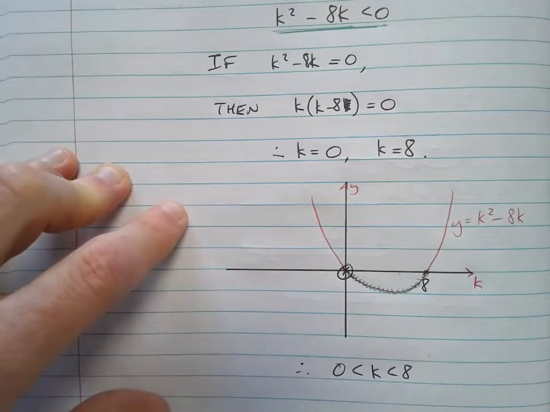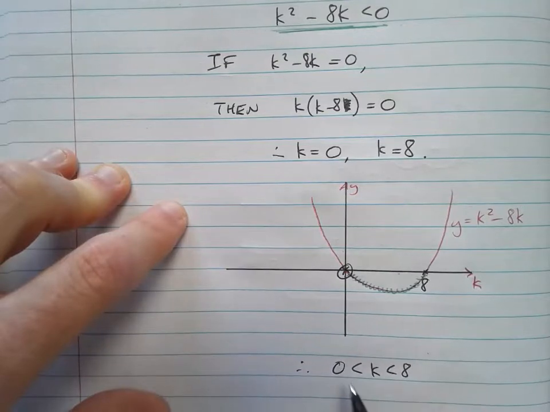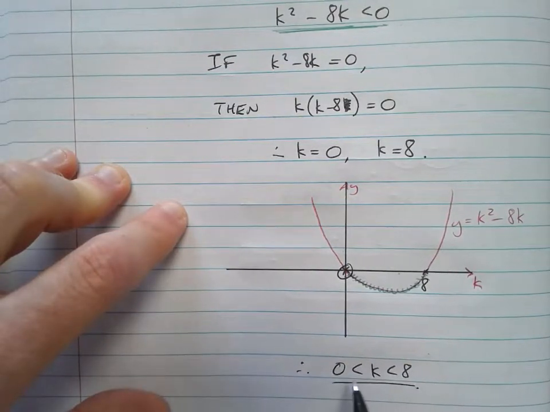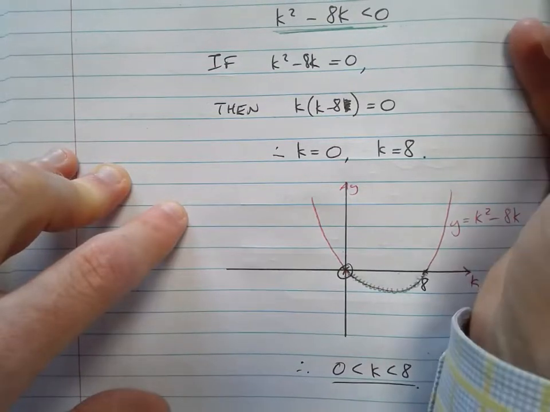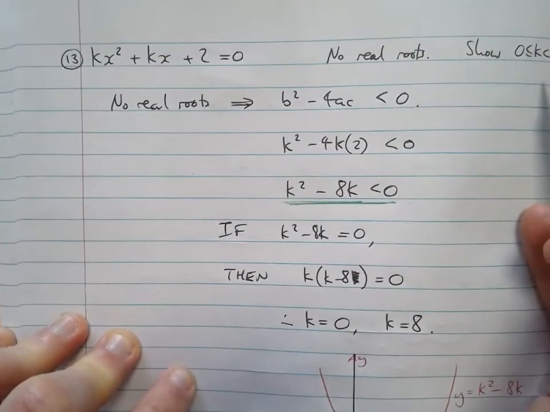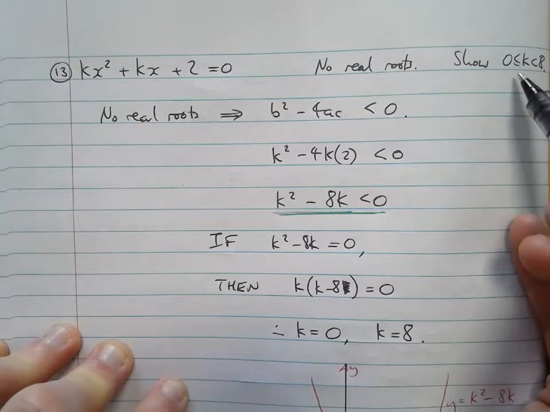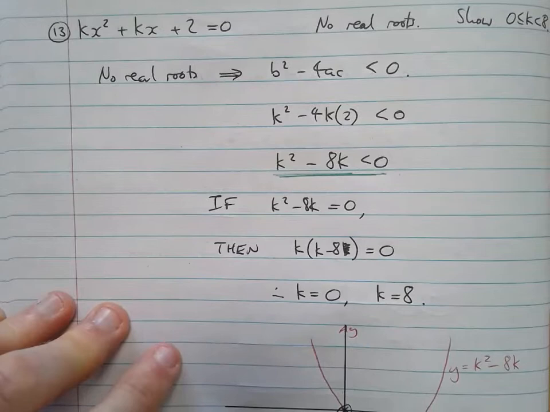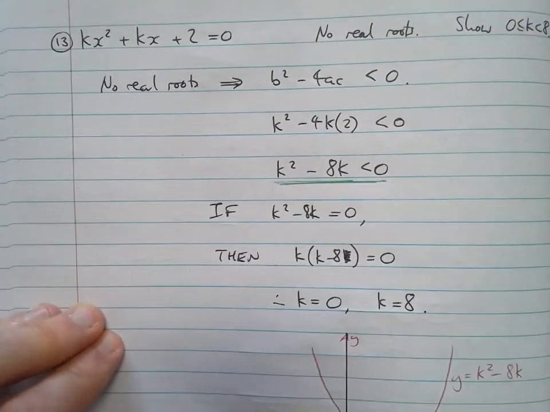Okay, so we're almost there. We've justified then that k is between 0 and 8, but doesn't include yet the 0 or the 8. Now, it shouldn't include the 8 according to our question, but it should include the 0. So we need to check the 0 separately in a different way.